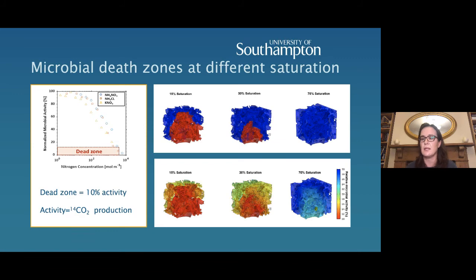Whereas at lower saturations, the dilution effect is dramatically reduced, and you can get major microbial death zones around the fertilizer. So by fertilizing soils, we can disturb the soil microbiome quite significantly and kill off major bacteria in it.